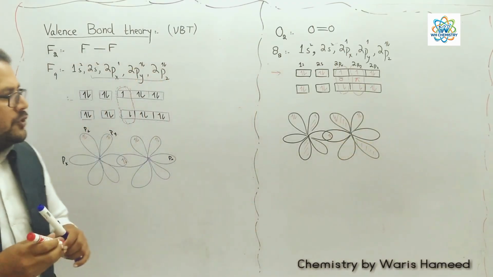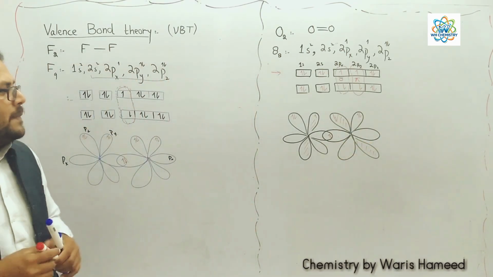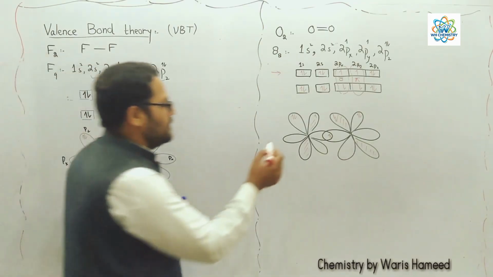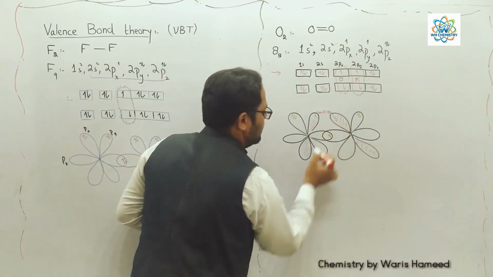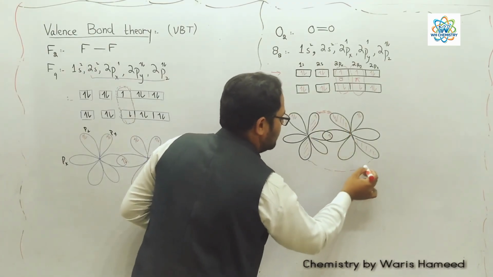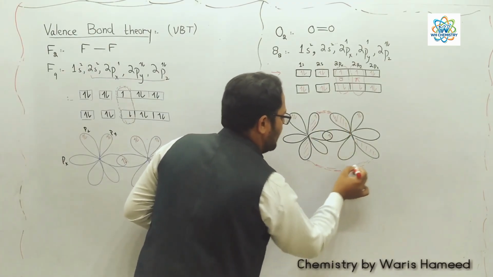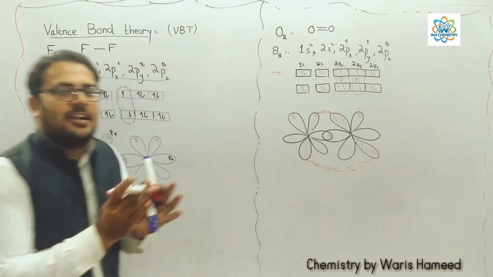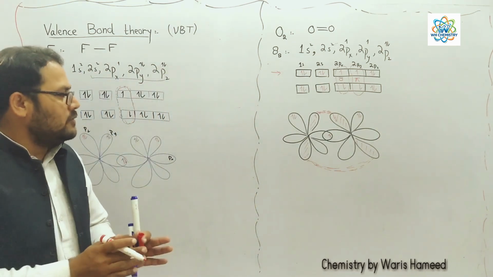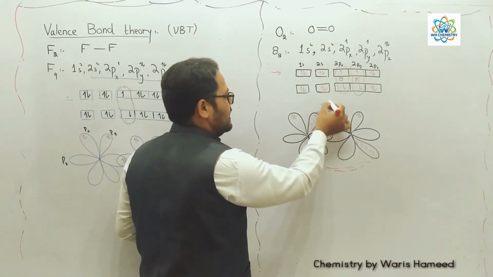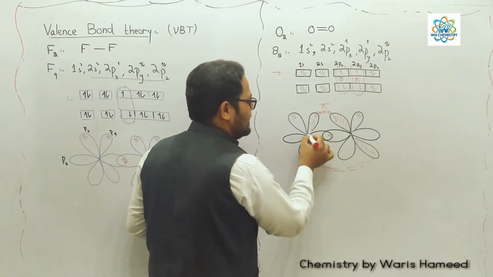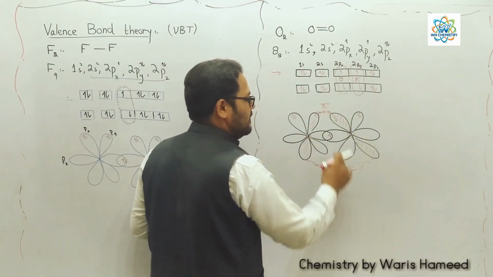Now we can show the side by side overlapping between the 2py orbitals. Since it's a side by side overlapping, it's a pi bond. It's one oxygen atom and its second oxygen atom.